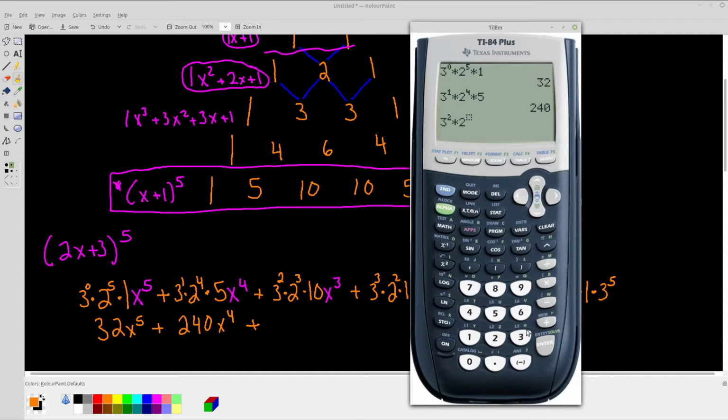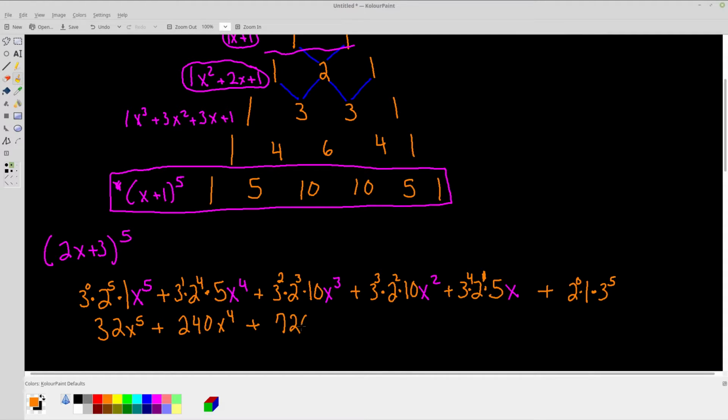Times 2 raised to the 3rd, and then times, there we go, times 10. Enter. Now 3 to the 2nd, 2 to the 3rd times 10 is 720. So we get 720. There's 720x to the 3rd.